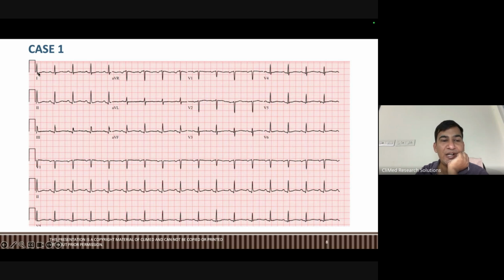See, if you look at lead one, there is a P wave, QRS complex, similar QRS complex, P wave, similar QRS complex, P wave, similar QRS complex. The R is downward only in AVR. In AVR, R is always downwards, right? So this is not irregular.